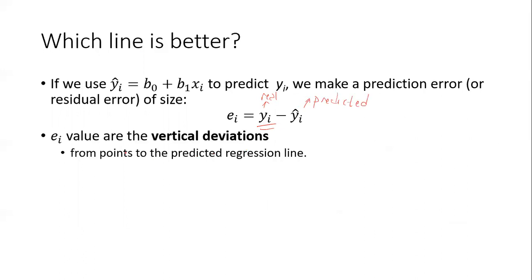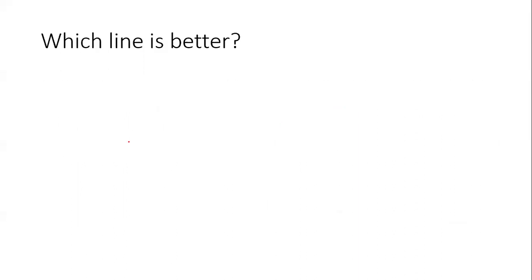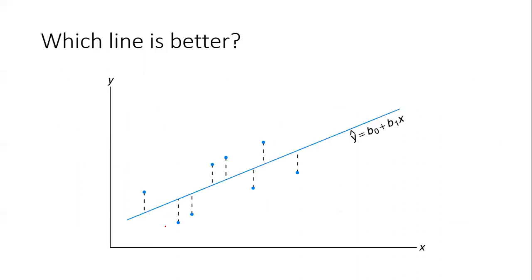In fact, the ei are the vertical deviations. Remember in our example, if this is 163, then the corresponding predicted value is 51.4, and the real value of this student is 58. We find the error, which is 58 minus 51.4, and this is the distance between this point and this point.